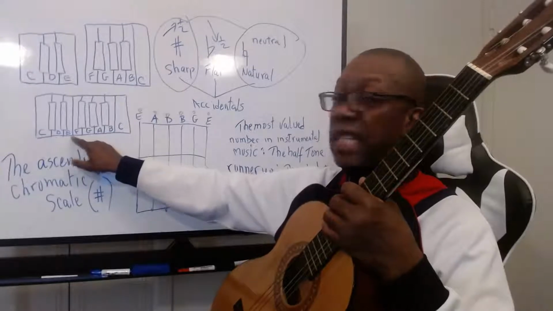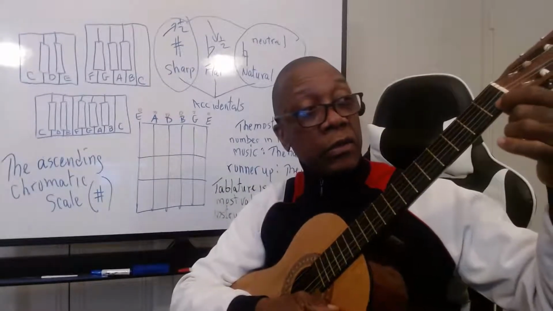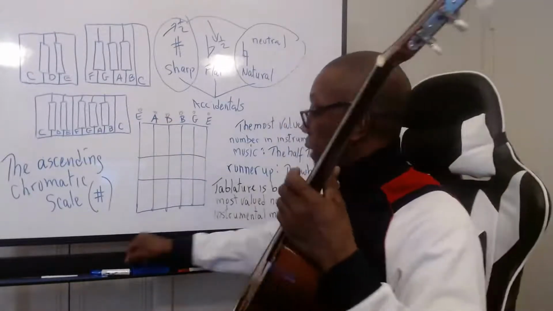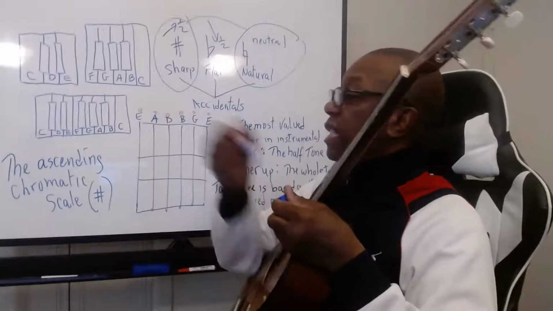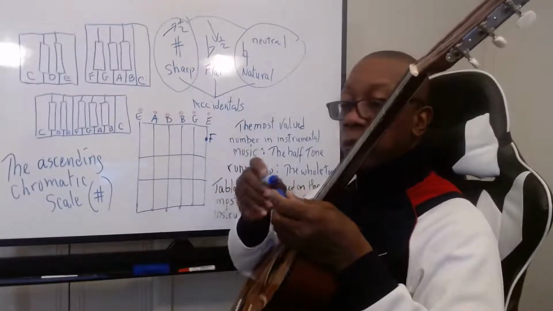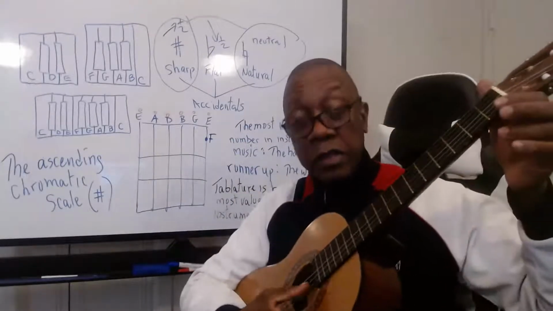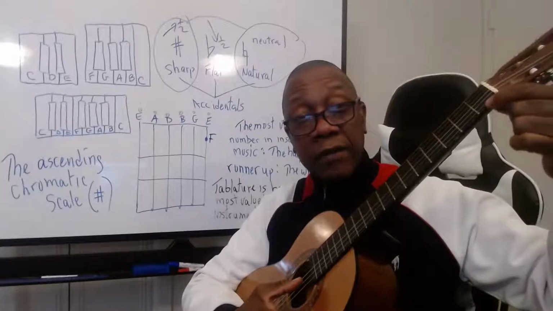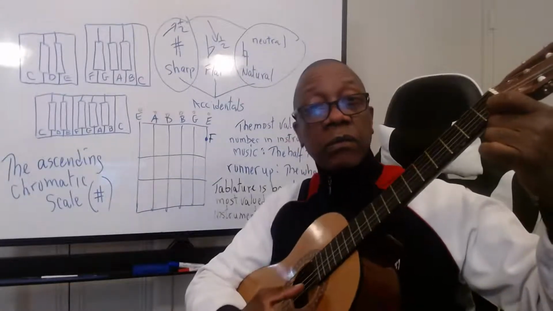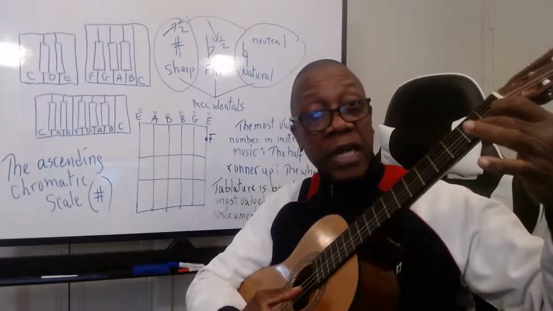See that? E and F. So as soon as I play the E, I touch the first fret. It's considered to be a half step. That's F. Okay, let's write it in. This is the F. So I have E and I have F. The first one is F. If I go a half step higher, remember, everything is a half step.